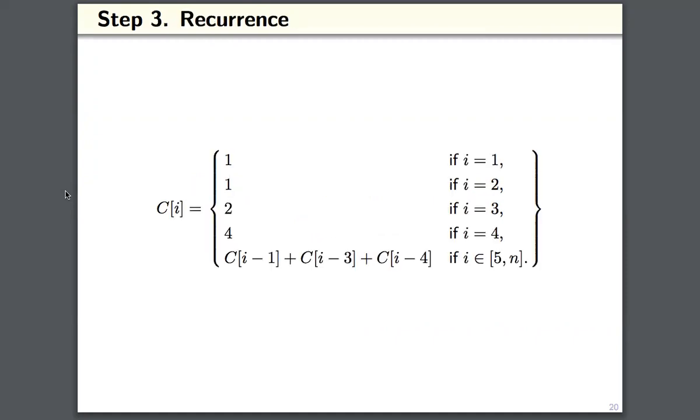What is the recurrence? I'm showing you the recurrence. Now try to prove it. C of I is C of I minus 1 plus C of I minus 3 plus C of I minus 4. Can you reverse engineer and identify why this is true?